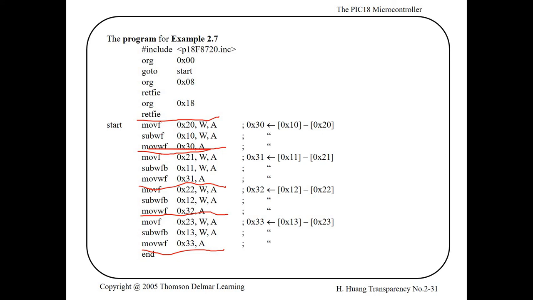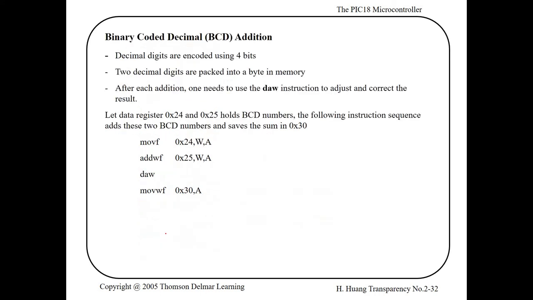So all the movements are the same, except that for the second byte, the third byte, the fourth, all consider subtracting the borrow, if there is borrow. If you don't have, then of course it's just minus 0. Is that okay? Any question up to this point? So we will actually end here.